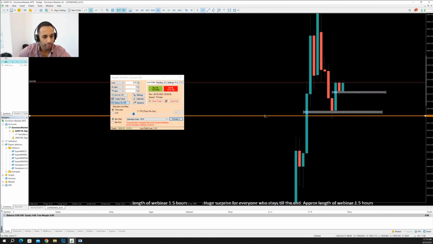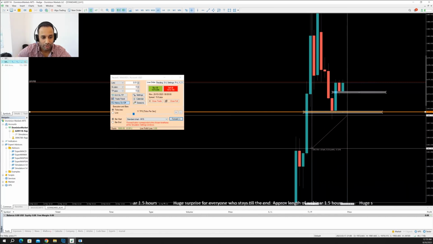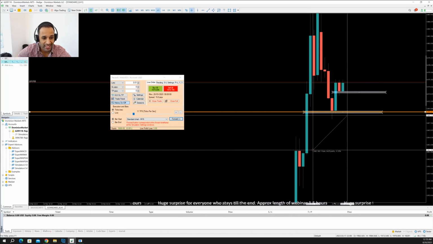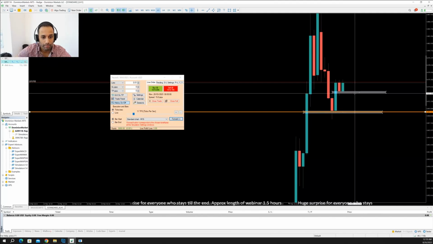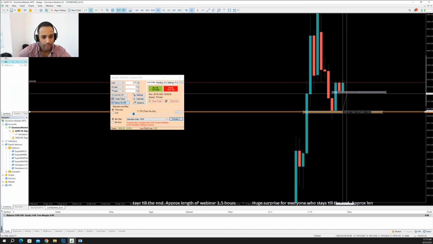If we break below, let's say 1969 right here, your range now becomes a 64 pip range. So I think there's a very good probability that if we do break below, let's say 1972, or we do break below this candle right here, we can continue to push up.